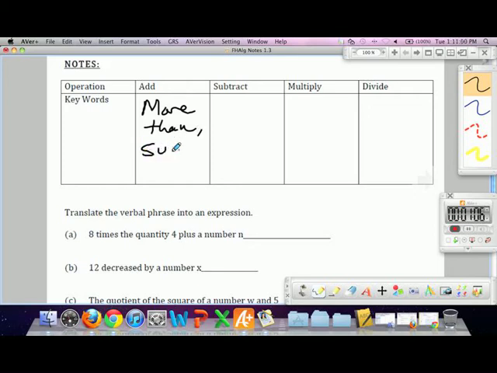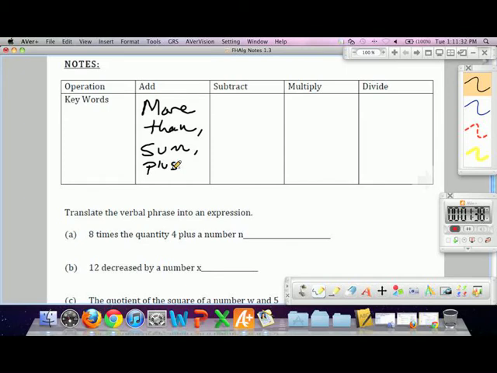Some is a very popular keyword. Are there any other keywords for addition? Plus. Add. Well, I'm not going to write down add because that's what we're trying to find. Obviously it's got to be add. We're not wrong. Good job. Those are probably the most popular ones.